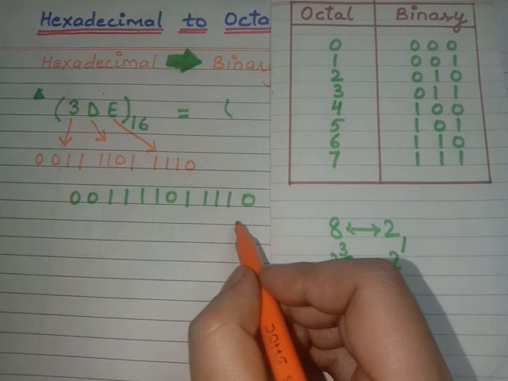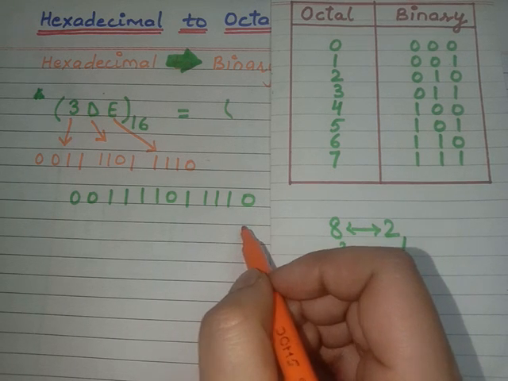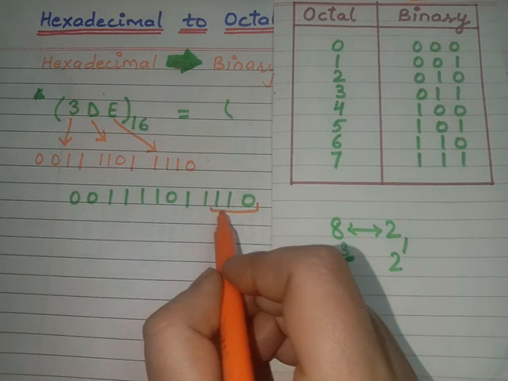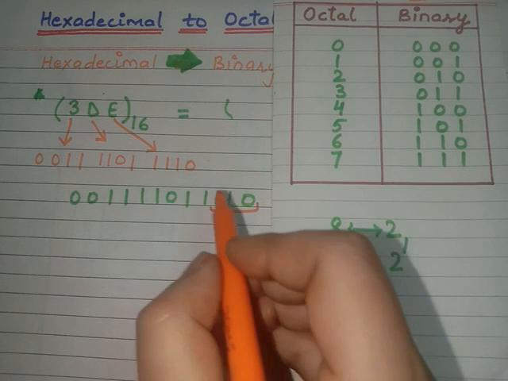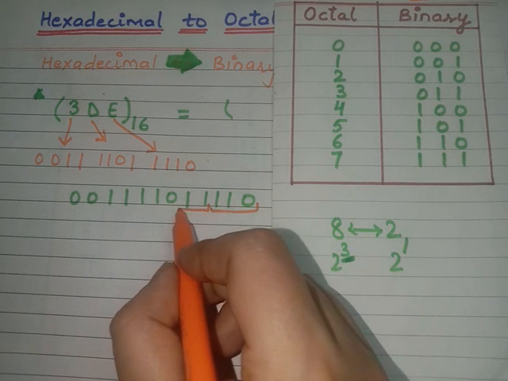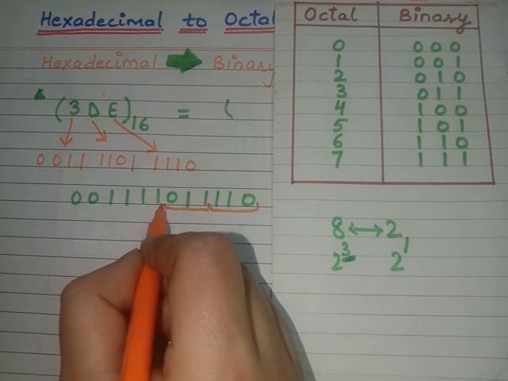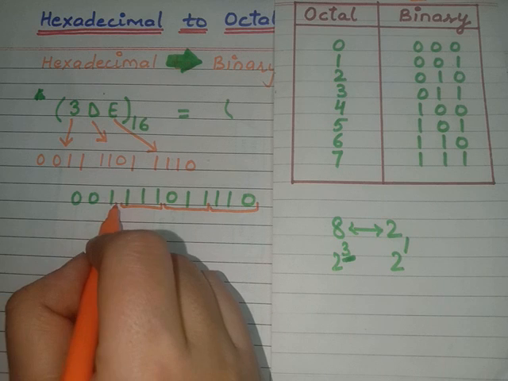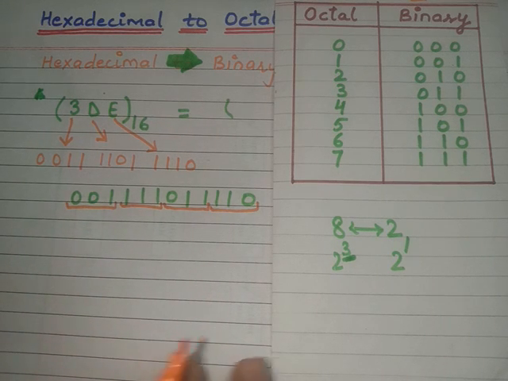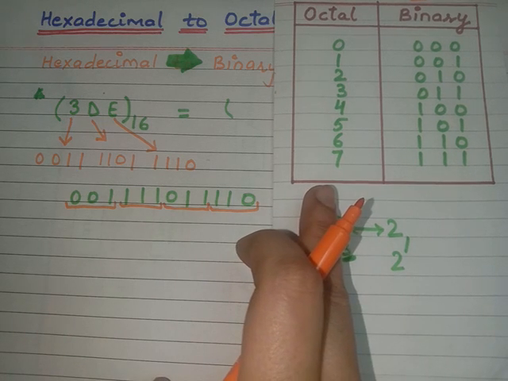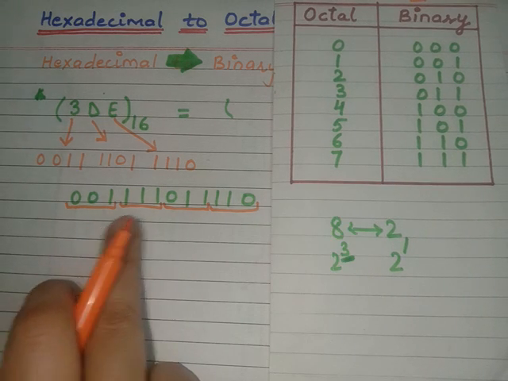So now you have to make the groups of 3 bits starting from the right hand side. The first group is this. I have included 3 bits in the first group. The next group will be the next 3 bits, and the next group will be the next 3 bits, and this is the last group. Now you just have to write the corresponding octal digit for each group.